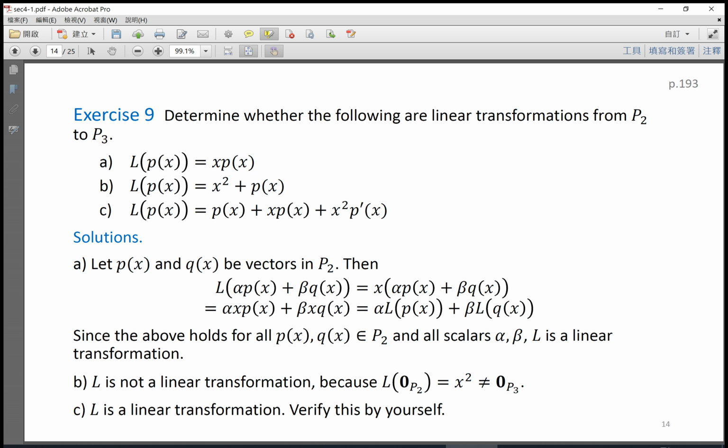Since x P of x is L of P of x and x Q of x equals L of Q of x, we have shown L of alpha P plus beta Q equals alpha L of P plus beta L of Q. And this equality holds for all scalars alpha, beta and all P of x and Q of x in P2. Therefore, L is a linear transformation.